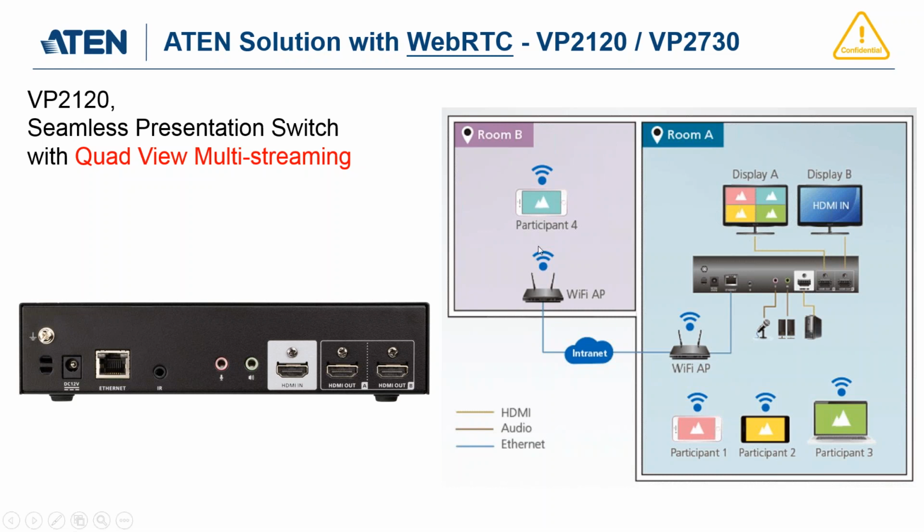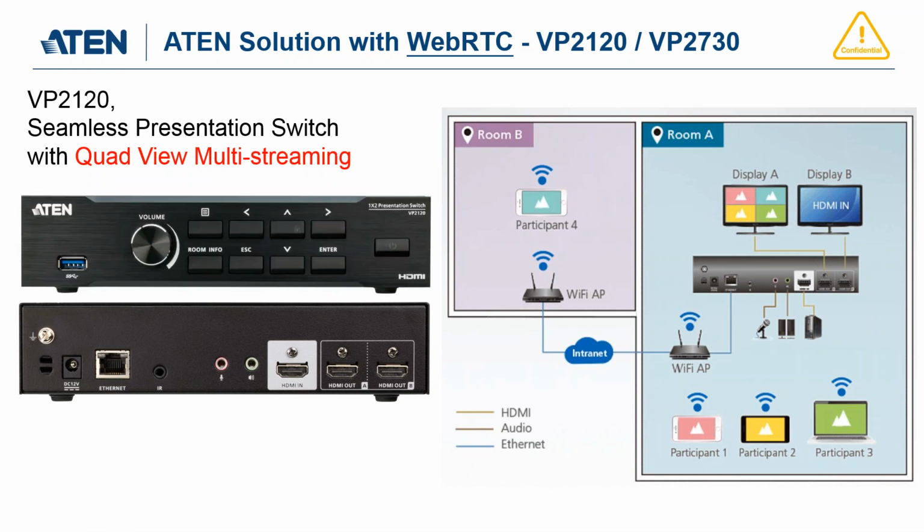Not to mention, there could be other participants in other places over the world, and then to access this VP. And then with the two HDMI output ports, the best part is you can have a display that's playing the presentation slides, but at the same time, you can have another display that's doing multi-view. So you can look at the multiple video content in one single display.